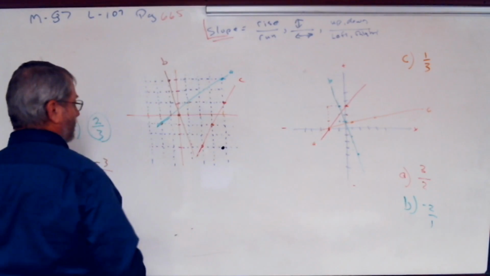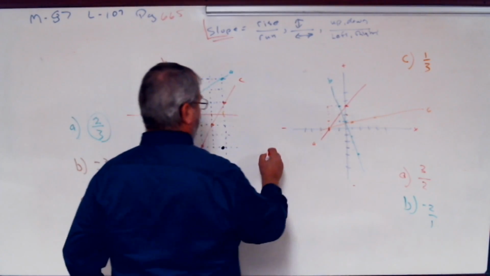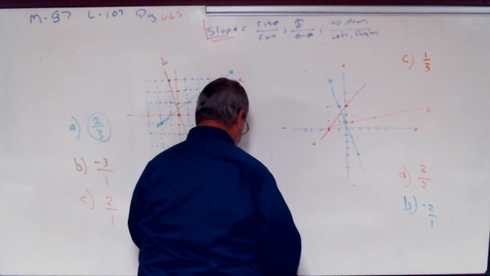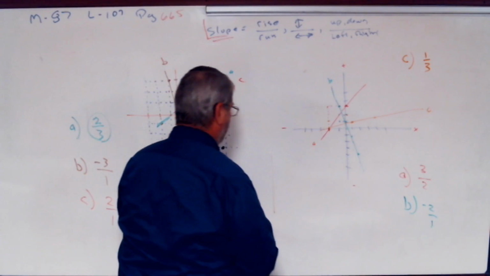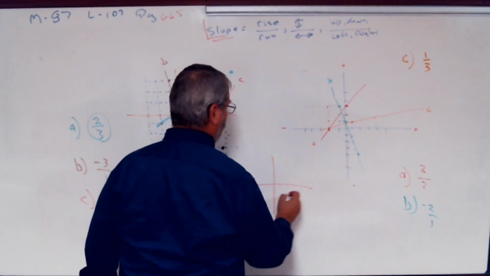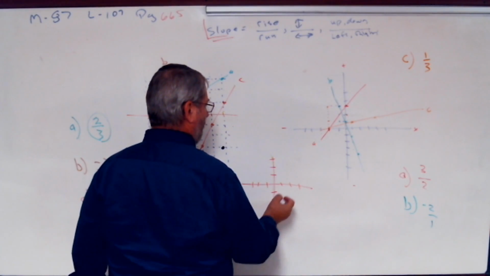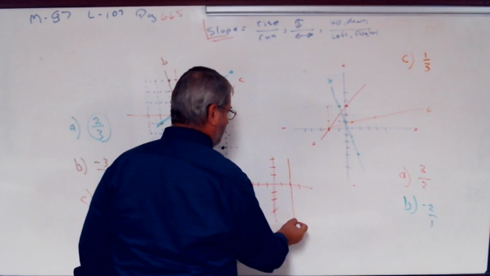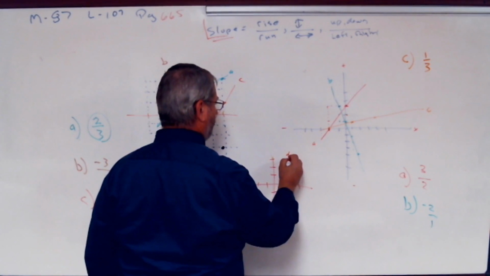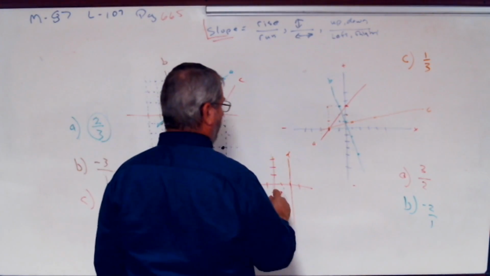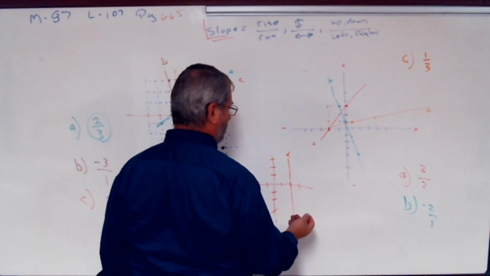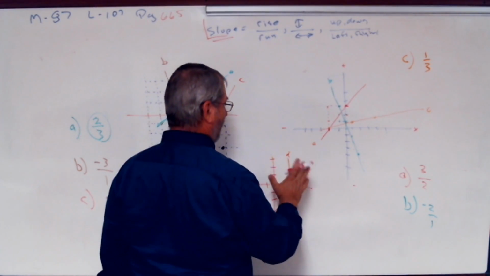Okay, I want to show you a special case here real quick. Get a different color because that one is not the best, all right? So if we have our graph here like this, 1, 2, 3, 1, 2, 3. If I have a line that just does this, this is my line. Now, this one here never crosses the y-axis. Do you see that? There's never anything there.